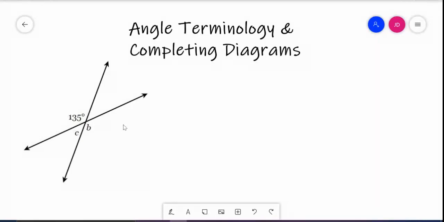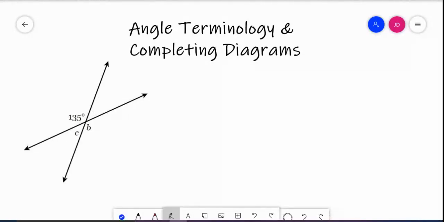Now, this diagram has different terms or vocabulary associated with it. It's really important when we're doing these angle problems that you know the vocabulary when it comes to the types of angles we're referring to. The first type of angle we're going to explore is the angles that are formed when you have two intersecting lines.